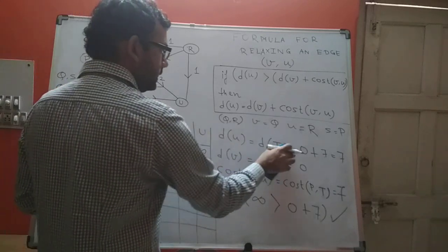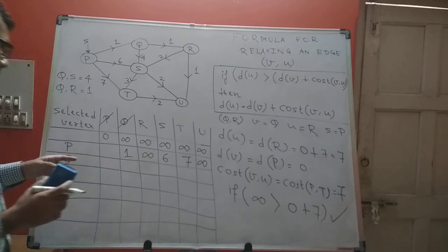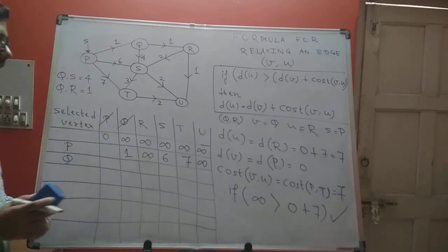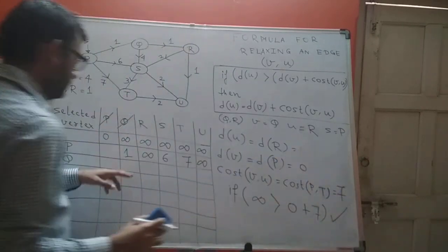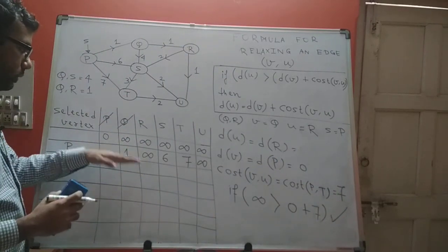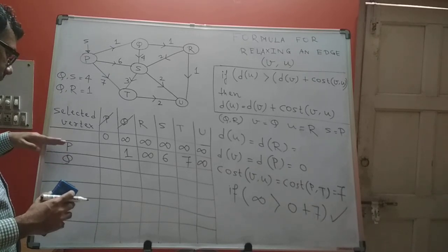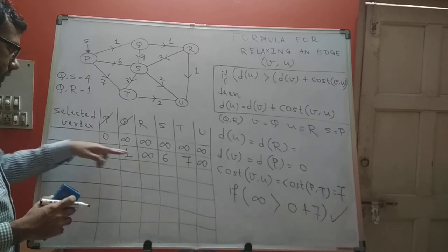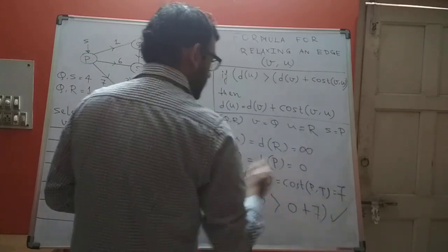So du means dr. From the table, I can see that the distance to R is infinity. You'll always look at the row above the one you are currently at. So if I look at the row above it, I can find that the distance to R is infinity.